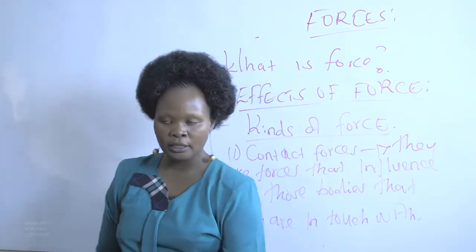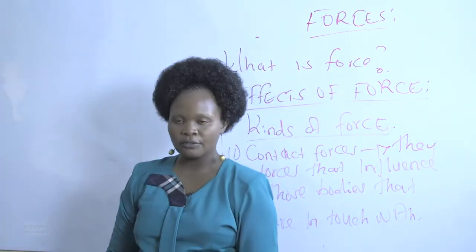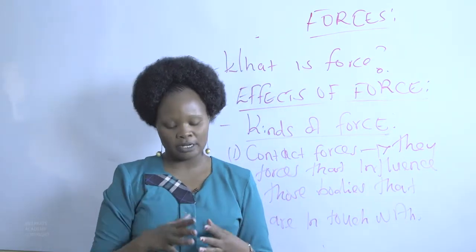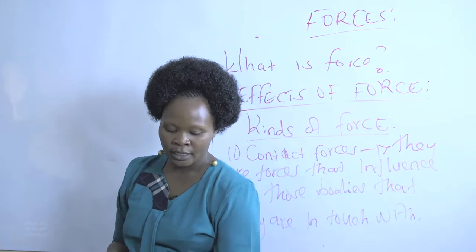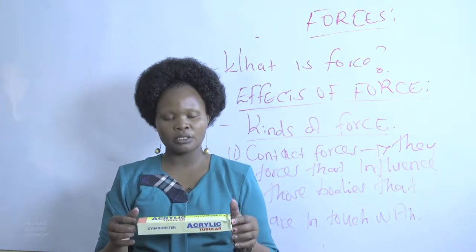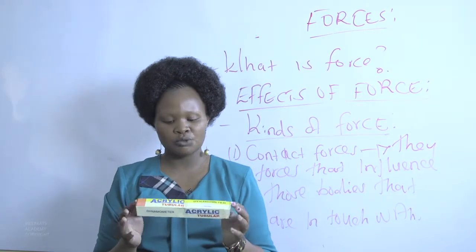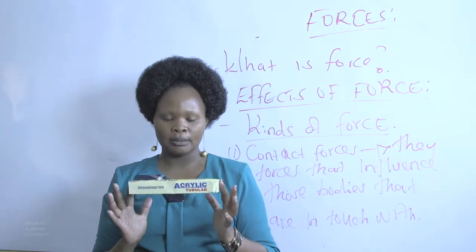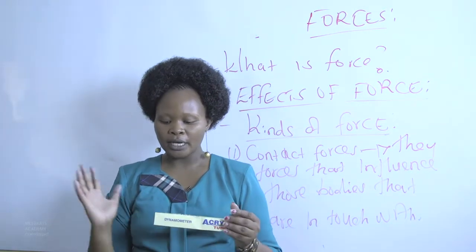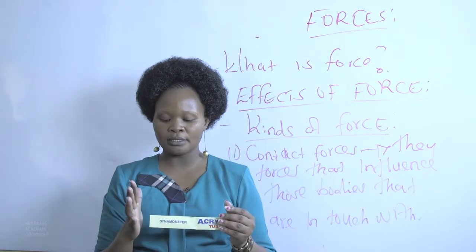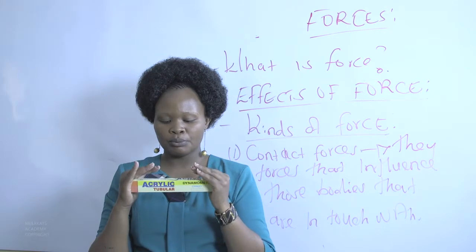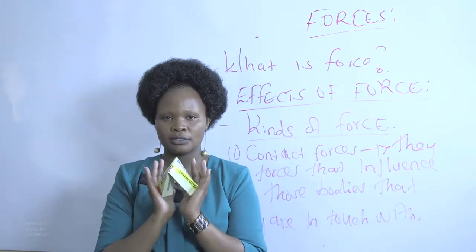We said in our definition that a force could be a pull, a push, or even a twist. Let us think of the force that we applied to distort this box, which we are going to call the applied force. Now, we had to bring our hands into contact with the box so that we could push it and distort it.